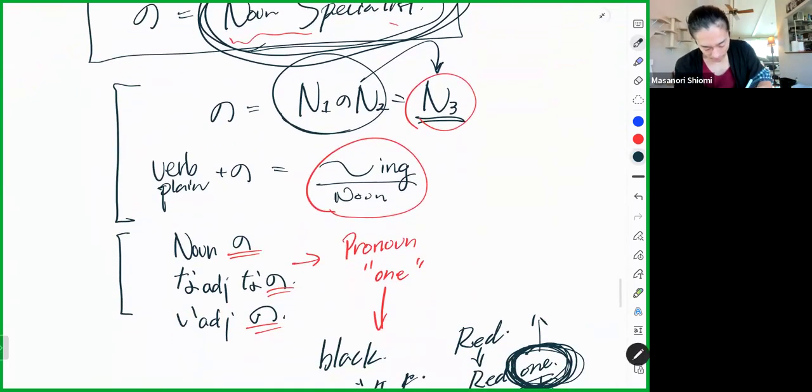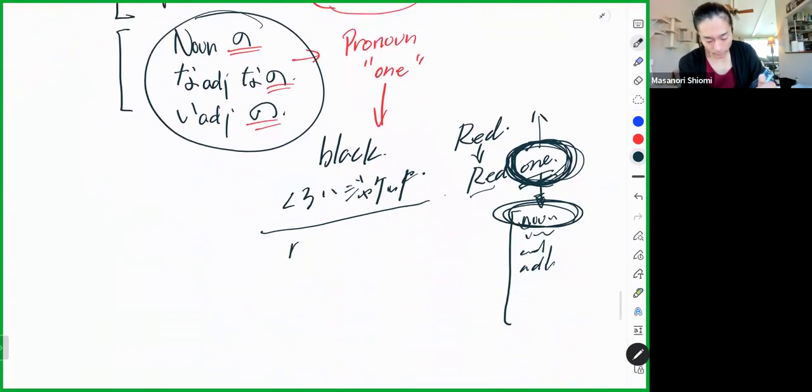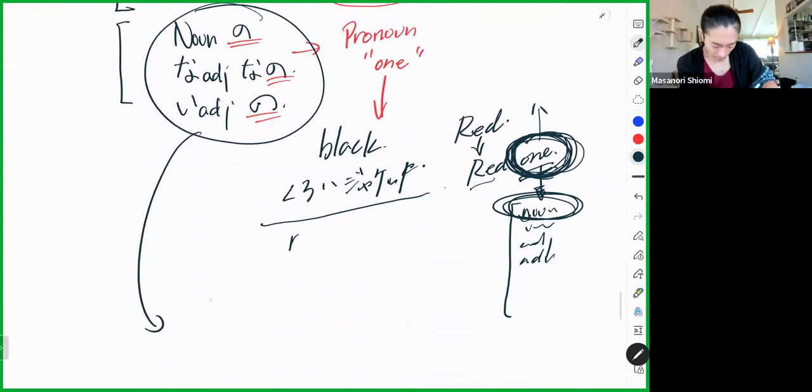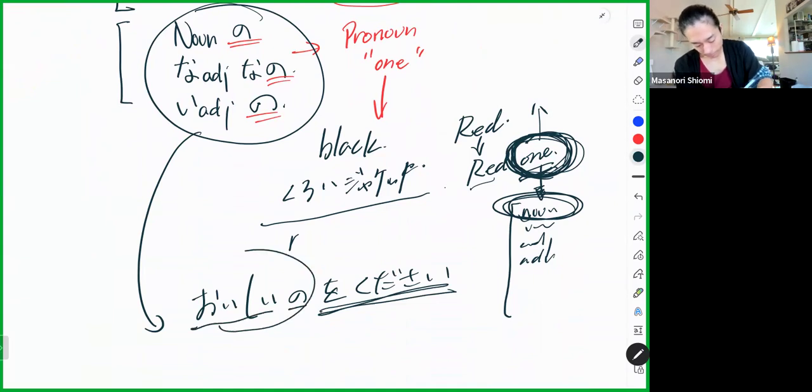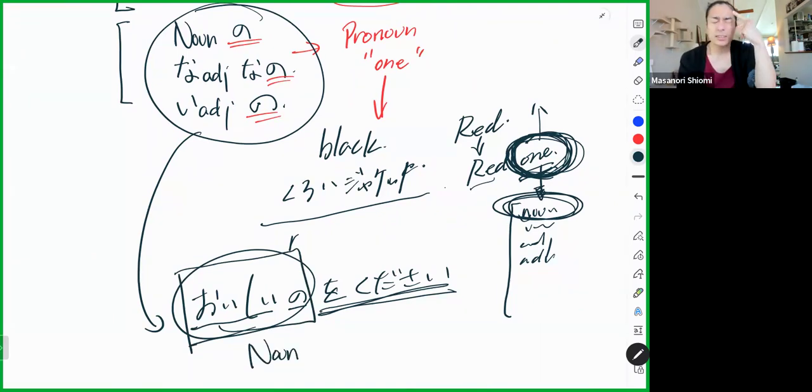In this case, for example, 美味しいのをください. Please give me a delicious one. So with this, 美味しいの is already a noun, right? It looks wrong or counterintuitive, right?